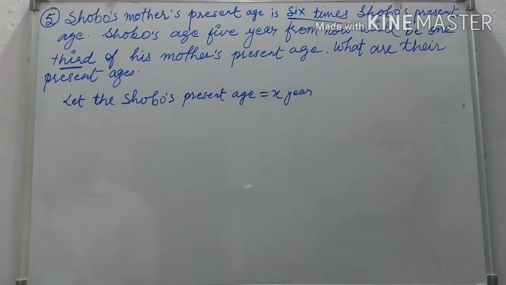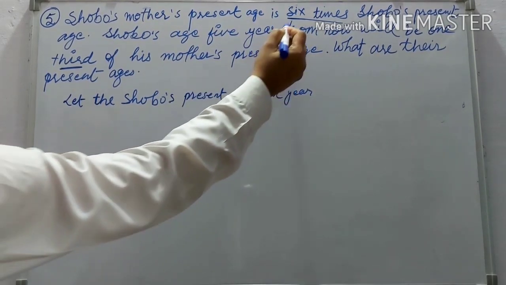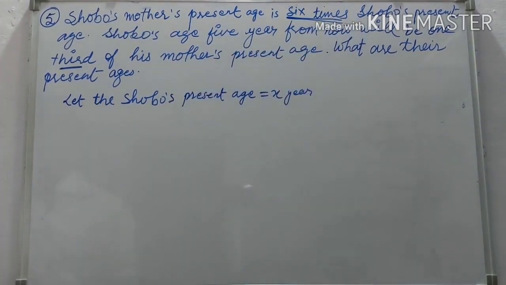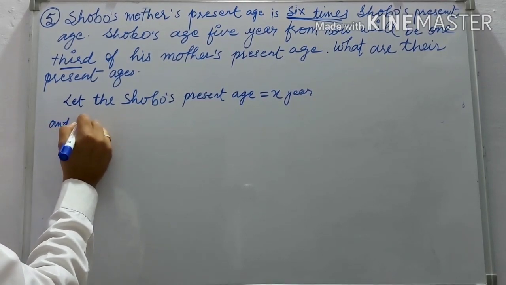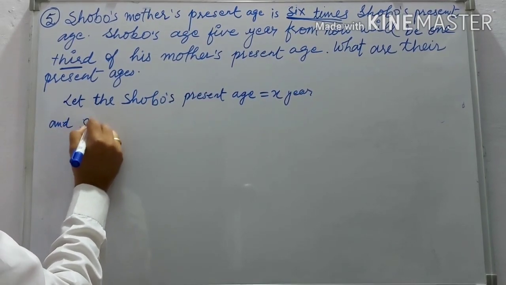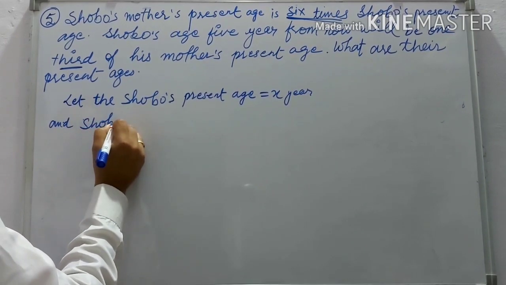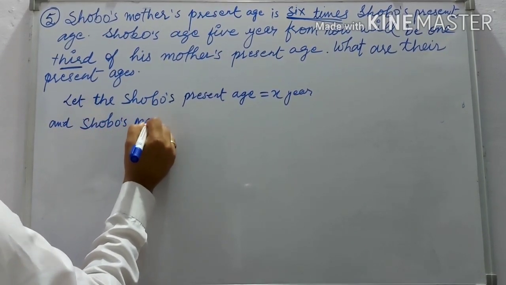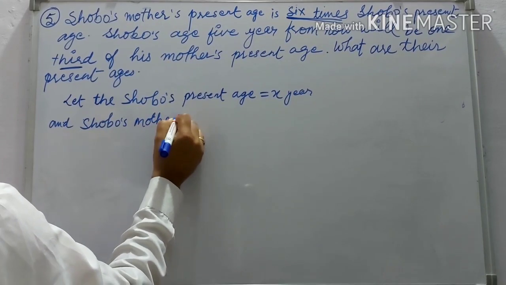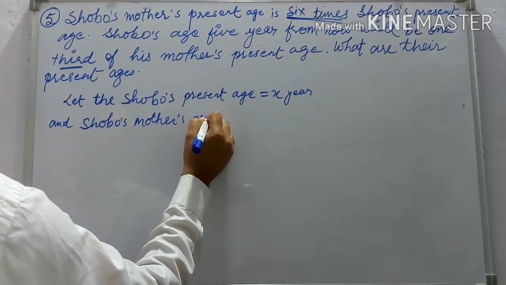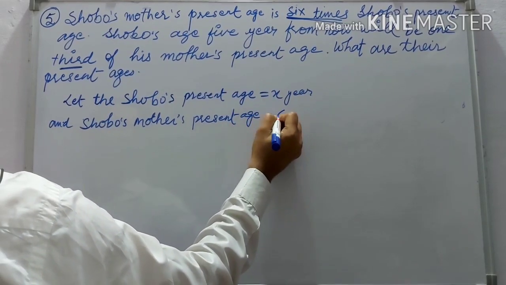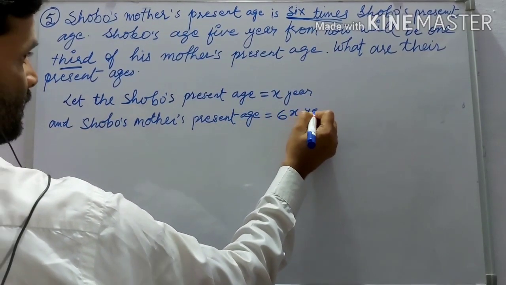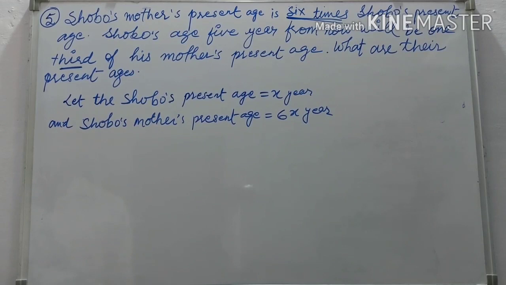Okay, then the question says 6 times, so Shaboz's mother's present age is equal to 6x years.